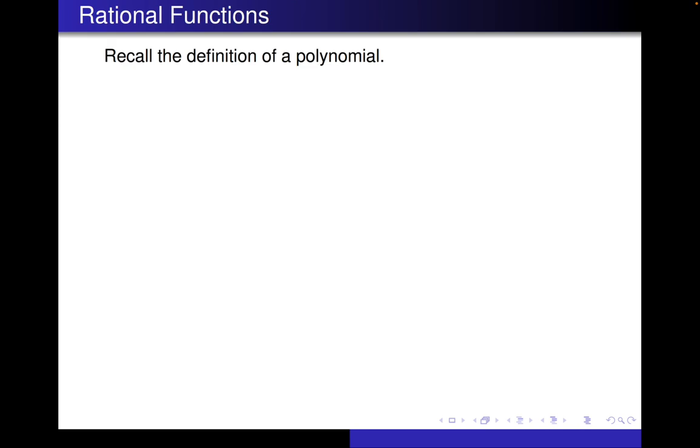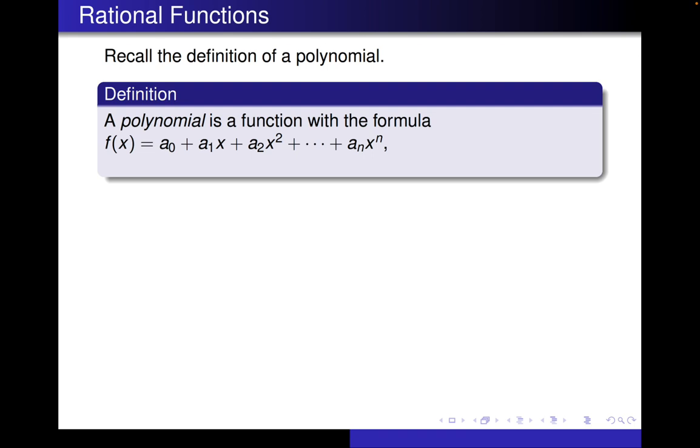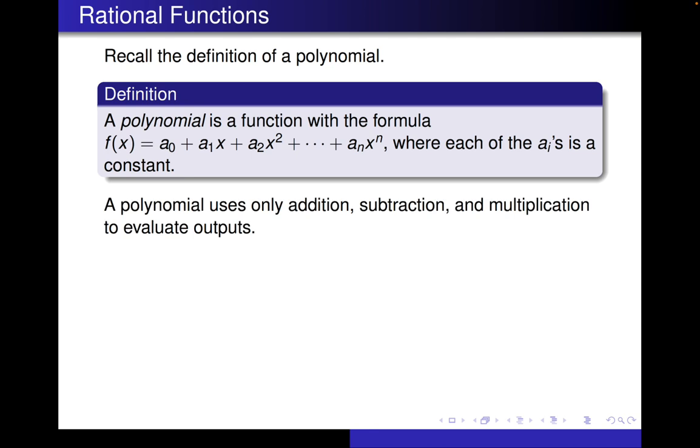Alright, so recall the definition of a polynomial. A polynomial is a function with the formula f of x equals a constant plus a constant times x plus a constant times x squared, all the way up to a constant times x to some highest power n. Again, each of those a_i is a constant. A polynomial only uses addition, subtraction, and multiplication to evaluate outputs.